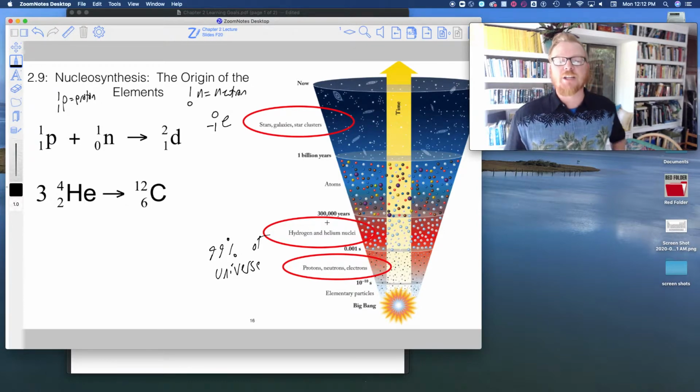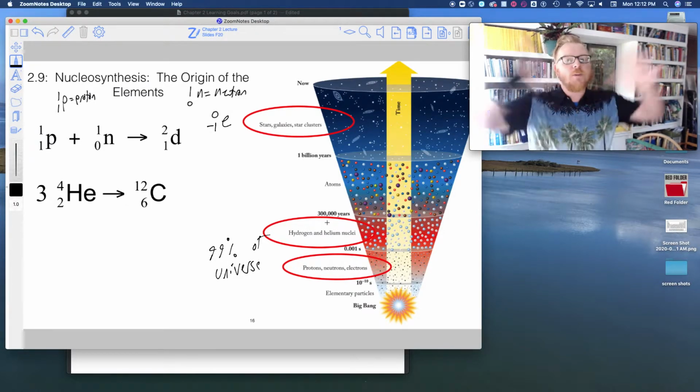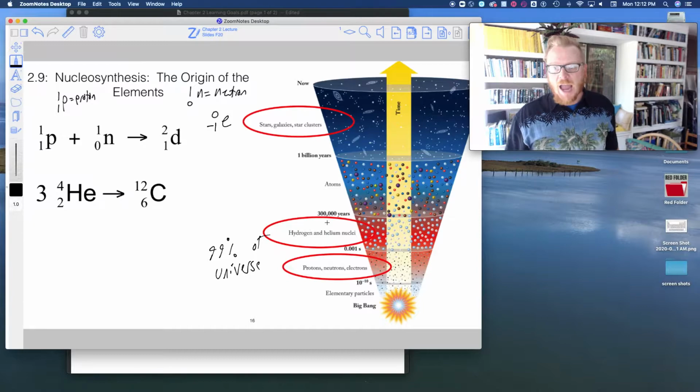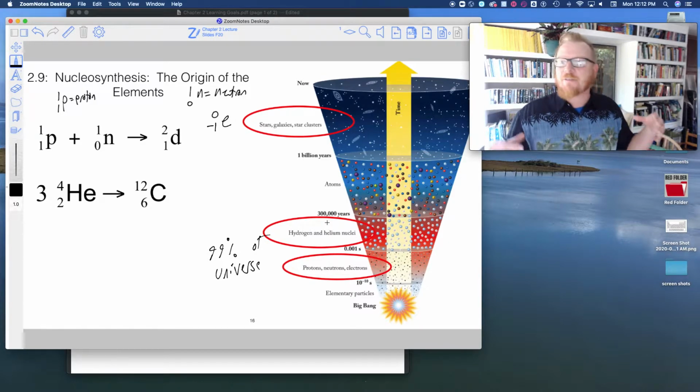Because once all this hydrogen and helium was created, all this material is getting flung out. Okay? And there was really not enough pressure, gravity, energy, whatever you want to call it, to keep fusing these hydrogen and heliums together.